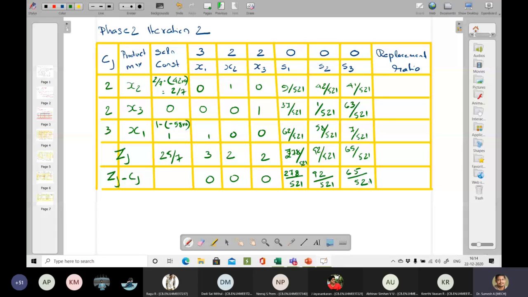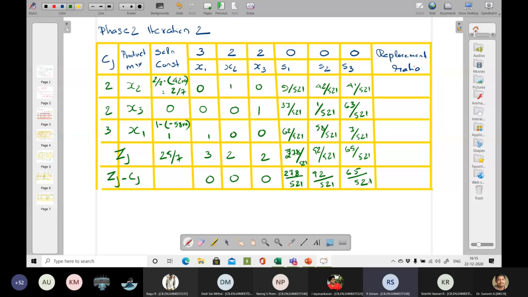What's next? Shall we need to go for the next iteration?